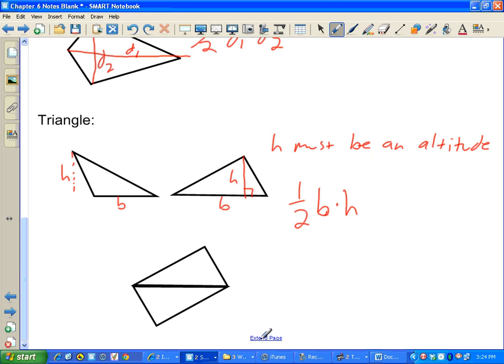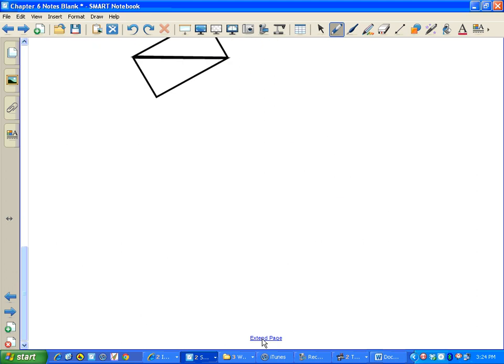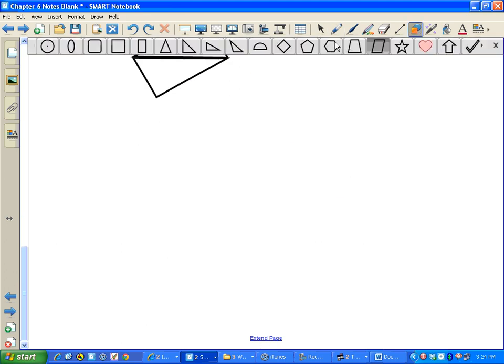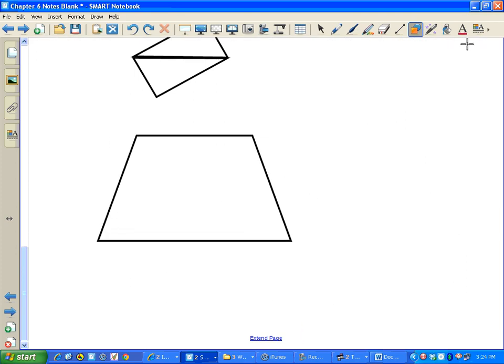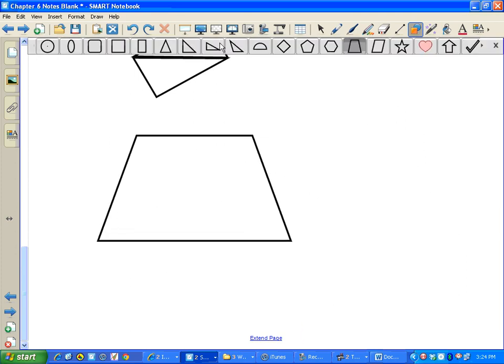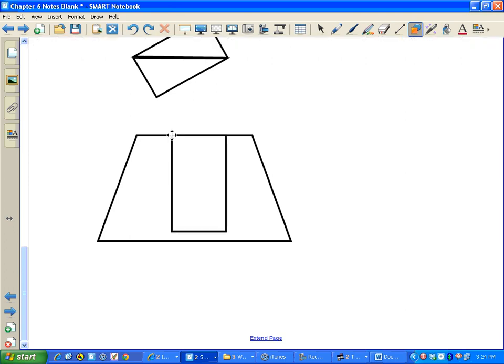Okay, the other thing you should be aware of is if they give you a big shape, let's say they give you a trapezoid here, and inside that trapezoid they're going to put a rectangle, okay?